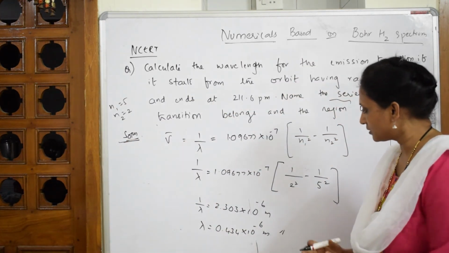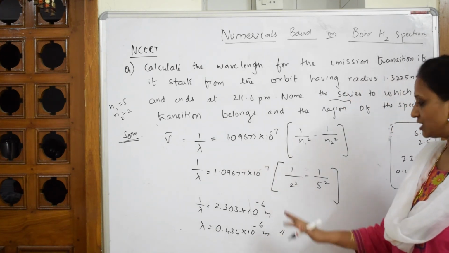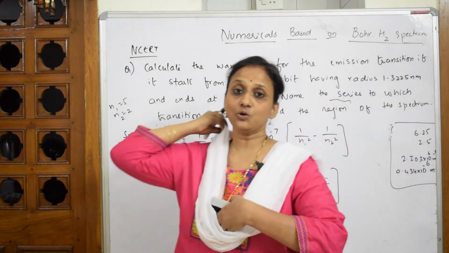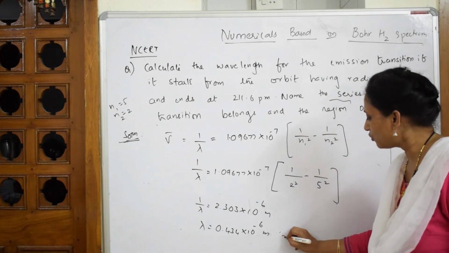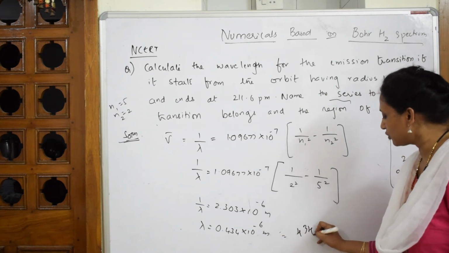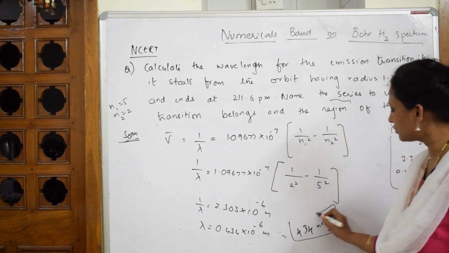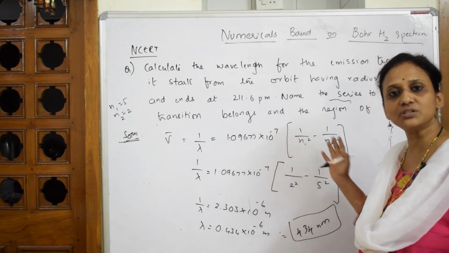So convert this further into nanometers. I already gave one formula initially for how to convert the different units. This becomes equal to 434 nanometers. So lambda I've got as 434 nanometers. Hope you know the conversions from meter to centimeter, centimeter to nanometer.